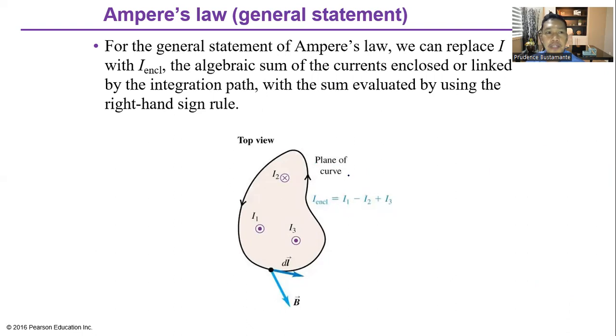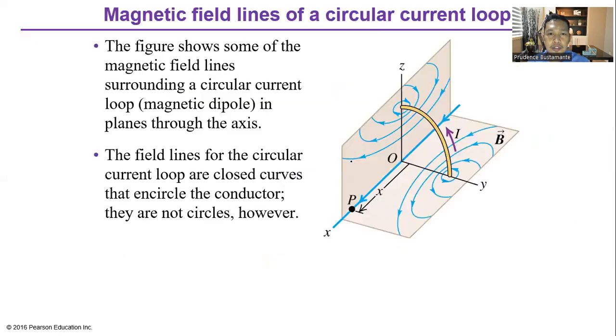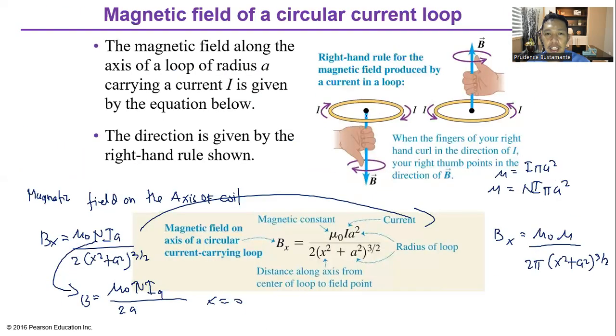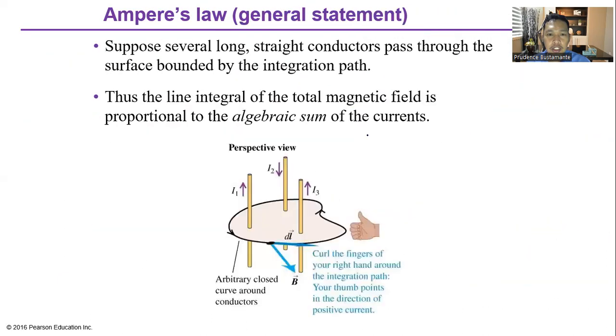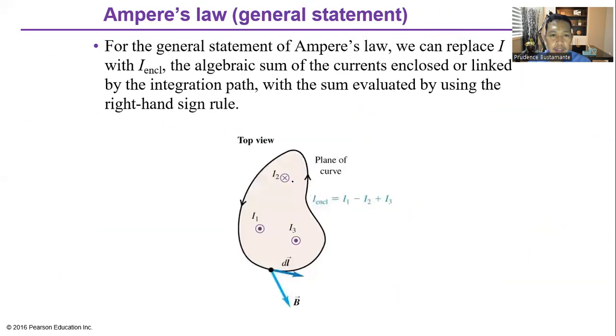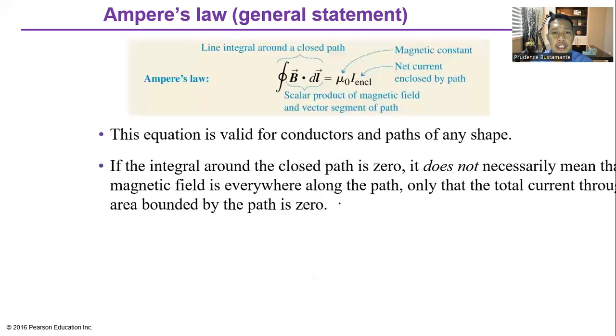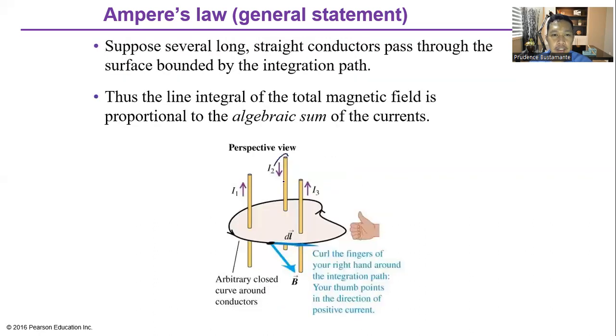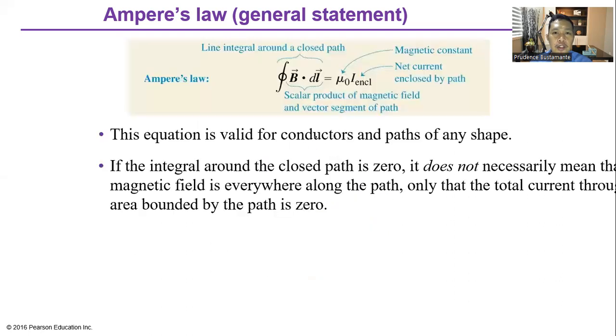That sum is evaluated using the right hand rule. For example, current into the page is positive and I2 is negative. If the current is out of the page, it is positive, so the signs are reversed.